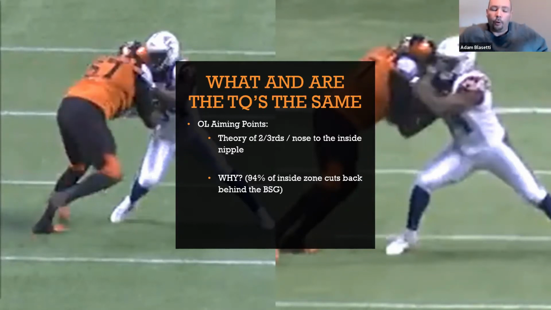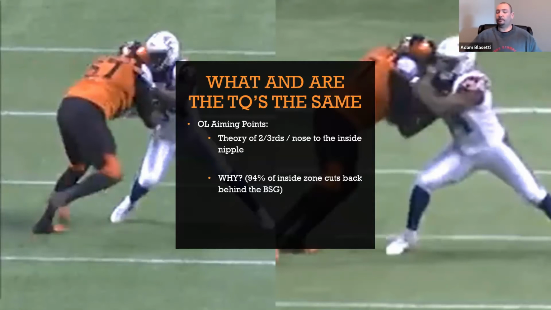We're protecting the ball through the inside out. When I reinforce that concept to my offensive linemen, I tell them to think the tip of their nose to the inside nipple of the defender. That basically gets them to a 2/3 relationship.